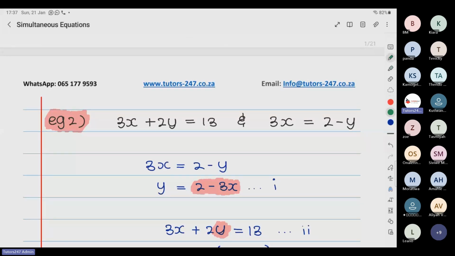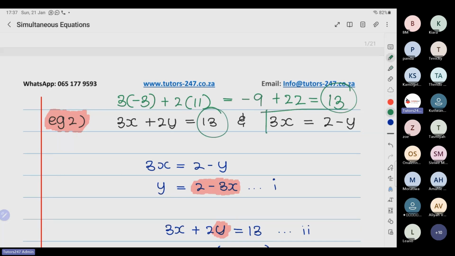So here, if we were to substitute, we calculated x as -3, calculated y as 11. So 3 times -3, that is -9. 2 times 11, that is +22. 22 minus 9, that is 13. So as you can see, both sides are equal.